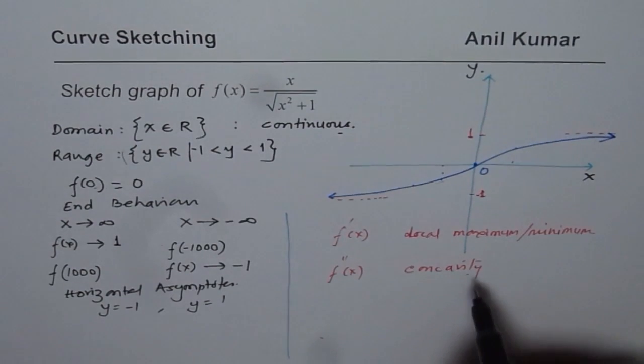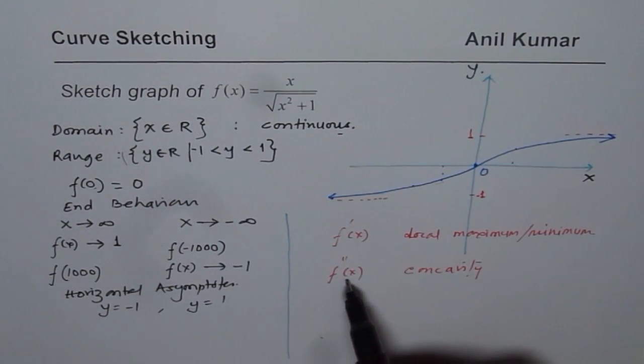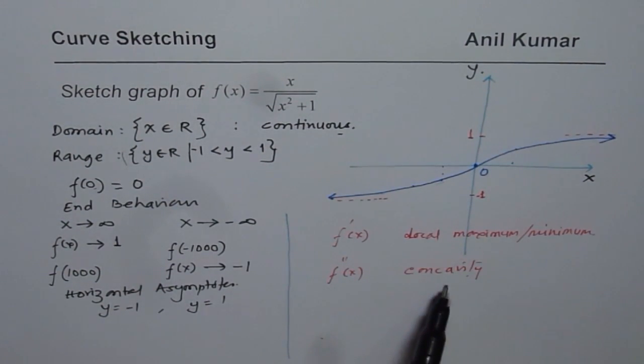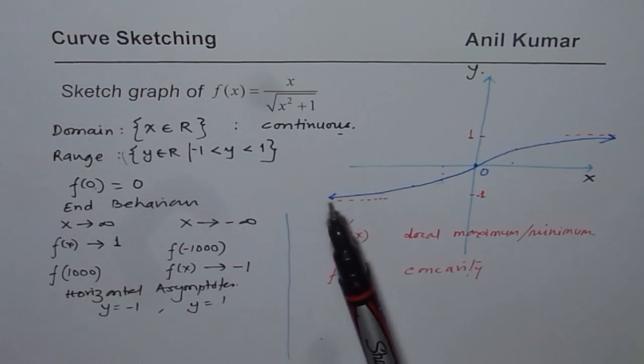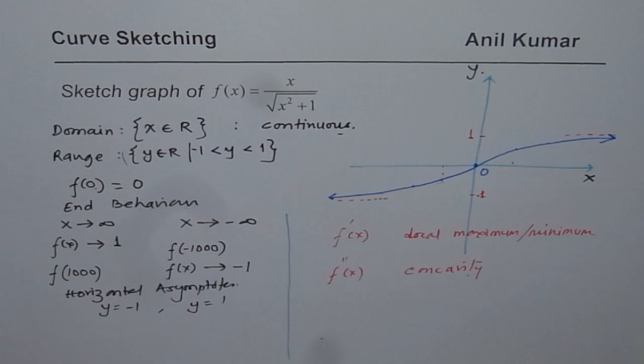So you'll find concavity at a point using the second derivative. We are not getting there at this stage, but I'll provide you with a link so that some of you who are doing calculus can apply the derivatives and accurately sketch this graph of x over the square root of x squared plus 1. I hope that helps. Thank you and all the best.